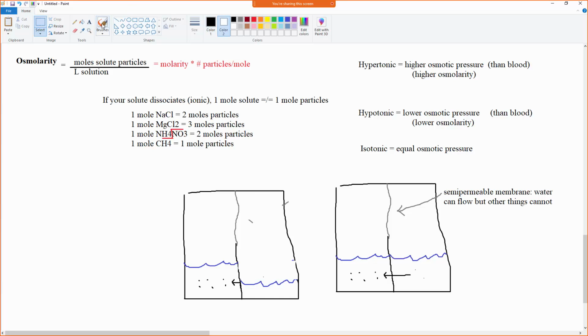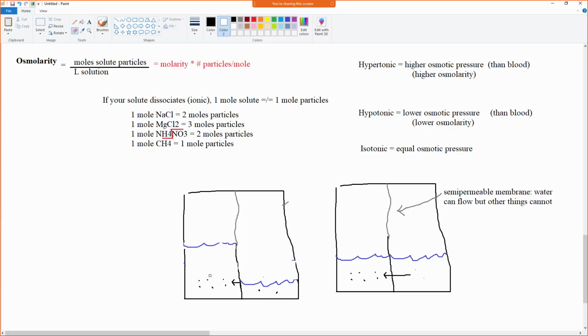You still have these little particles. And the amount of water on the left-hand side will go way up, until the goal is to get approximately the same concentration on both sides. It exerts a pressure, moves the water until you have approximately the same concentration.